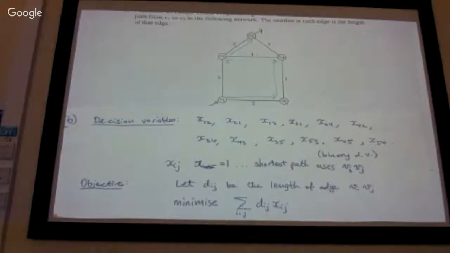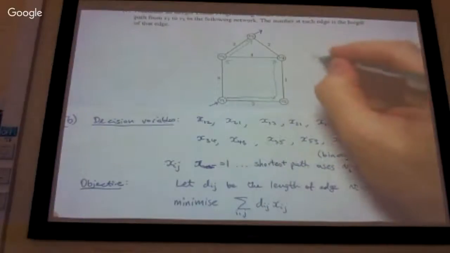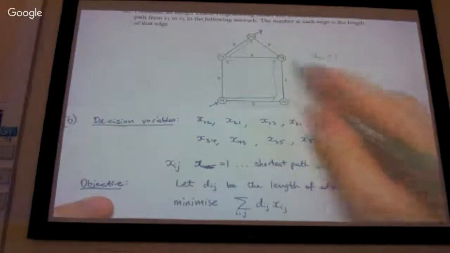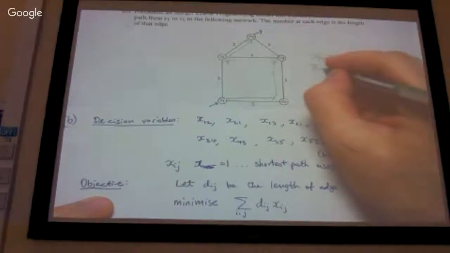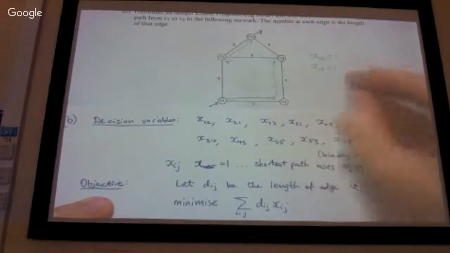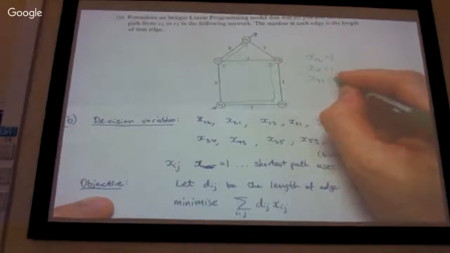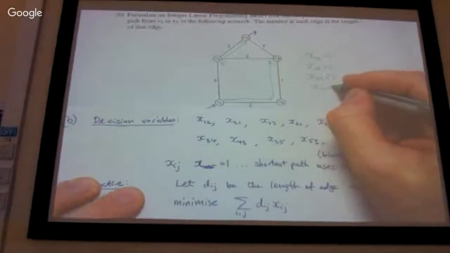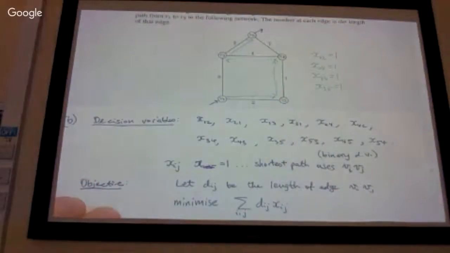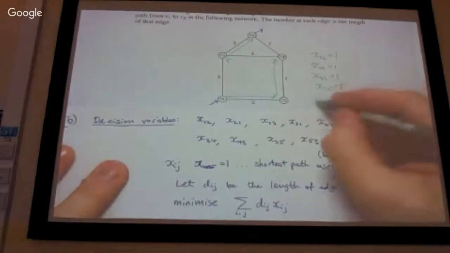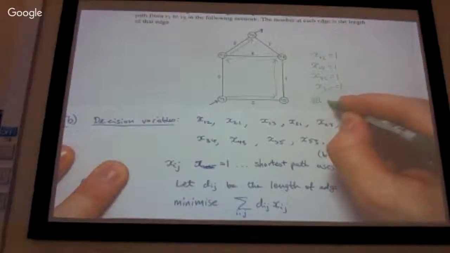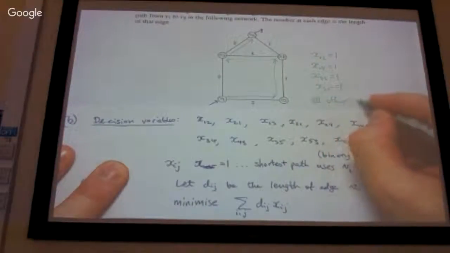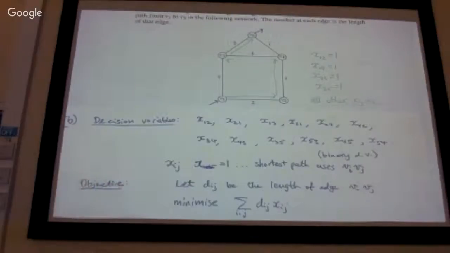Because I'm using 1 to 2, I would put x12 is 1, and because I'm going from 2 to 4, x24 is 1, and because I'm going from 4 to 3, x43 is 1, and because I'm going from 3 to 5, x35 is 1. And all the other decision variables would be 0 for this specific path. Does that make any sense?